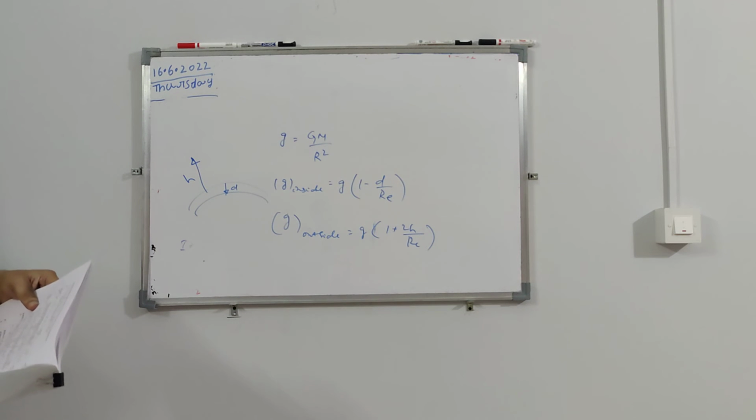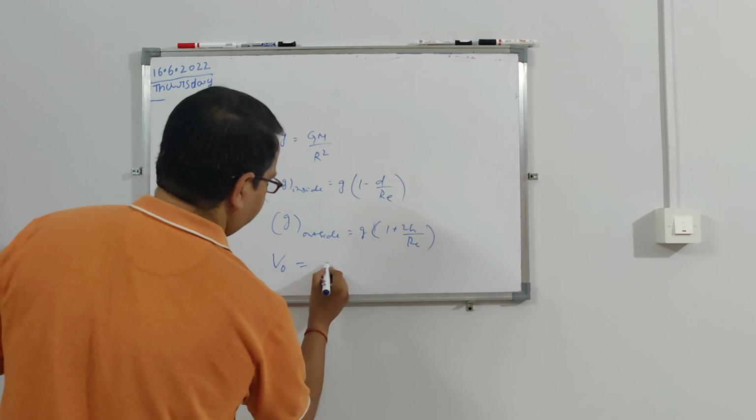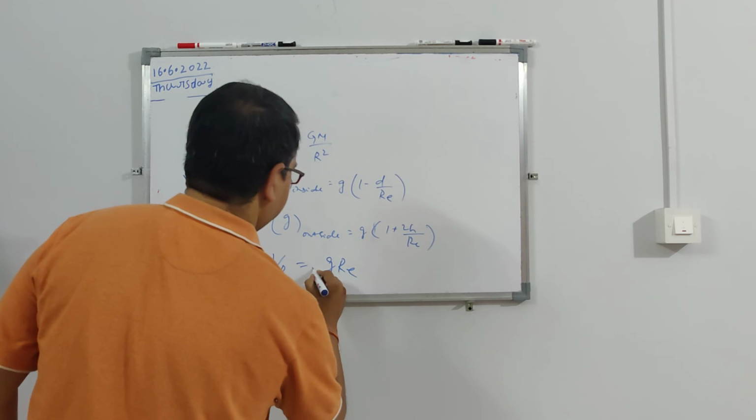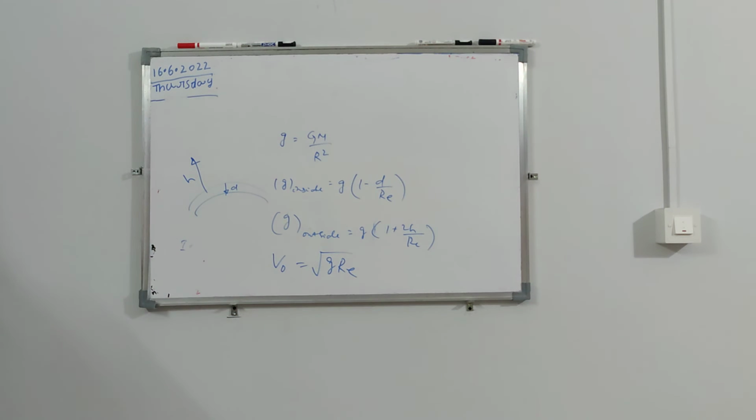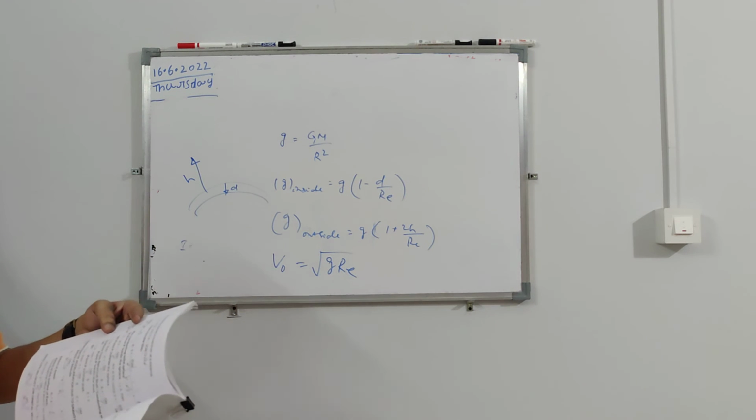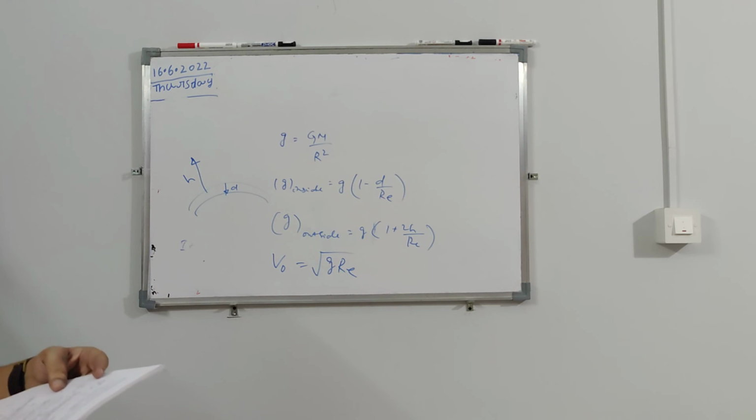And then there is something called orbital velocity. Orbital velocity is nothing but square root of gR. And there is something called escape velocity.